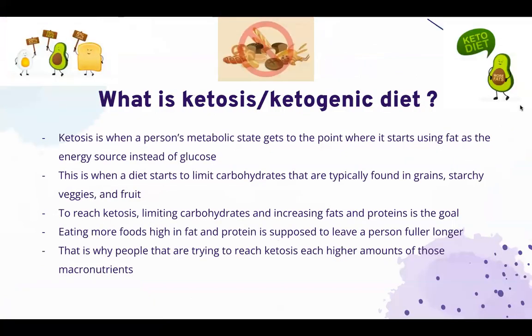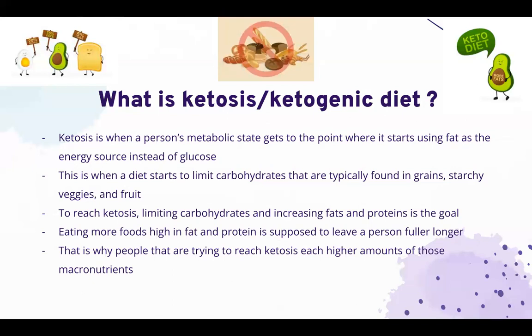So then, what is the ketogenic diet, or what is ketosis? Ketosis is when a person's metabolic state gets to the point where it starts using fat as an energy source instead of the glucose, or the carbohydrates that then get converted into glucose. This is when the diet starts to limit carbs, which are typically found in grains, starchy vegetables, and fruit, like I discussed before.